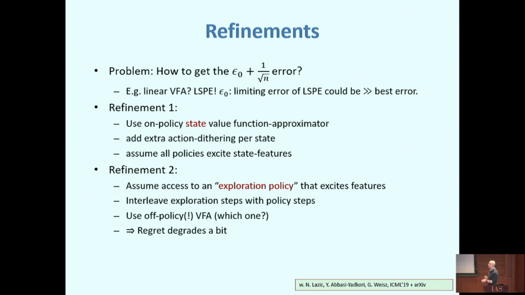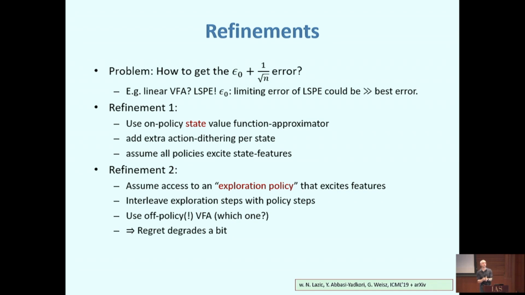Yes, you can. If you go back to curiosity, there we had a policy that was just going on and exploring the space. If someone gave you a policy that does that, but it doesn't have to explore the space, it has to explore the feature space, then you can use that policy to excite all the features, and interleave the execution of that. The complication is that now you're in the off-policy regime, so you have to use off-policy learning.